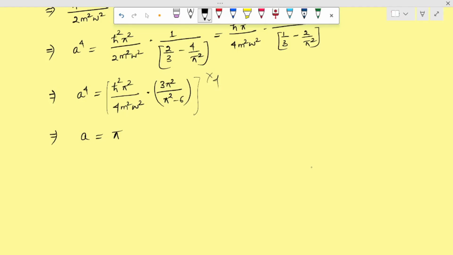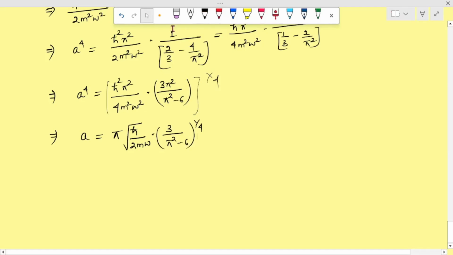That means it will be ħ by 2 m ω root over, into, here π² already taken, so it will be 3 by π² minus 6 to the power 1 by 4. So this is your a value.